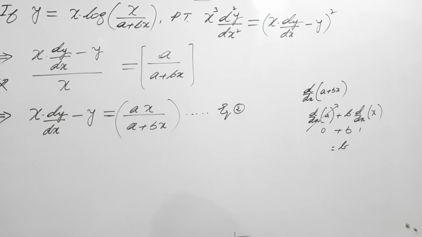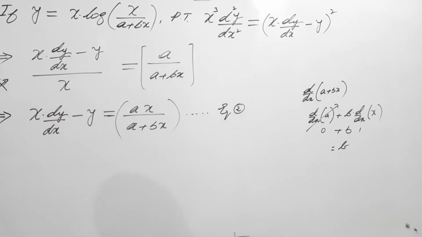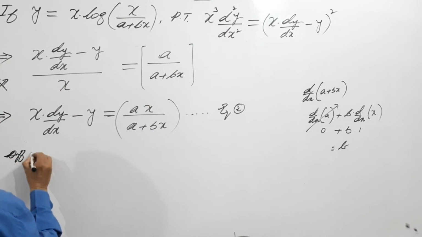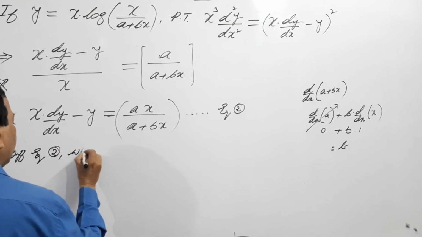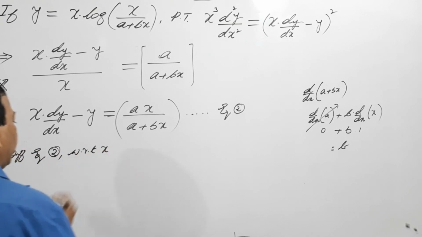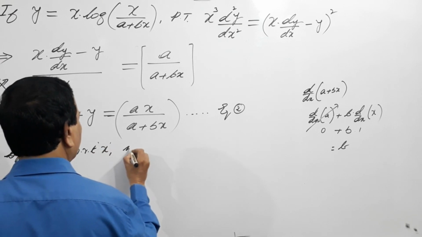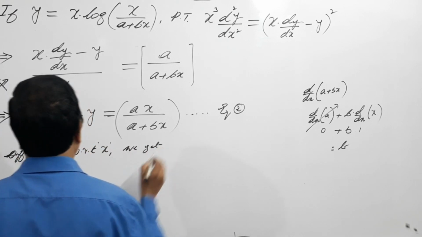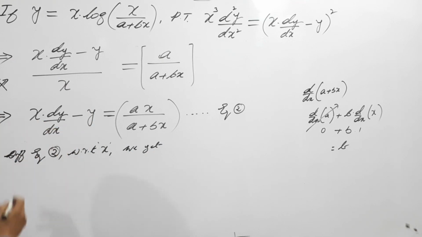So I will differentiate this equation once again, because I want d square y by dx square. Differentiating equation 2 with respect to x, we get, here also we have two functions, so we use the product rule.